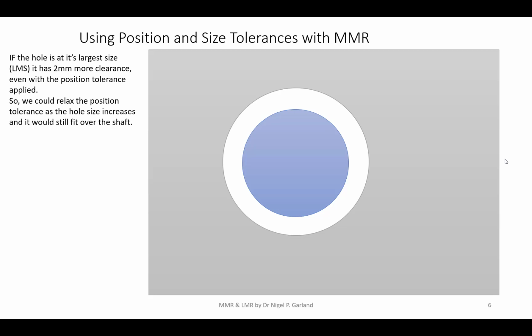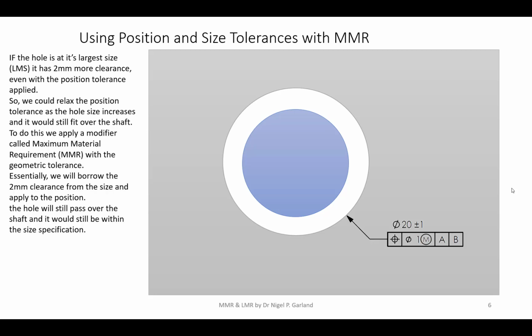So really, we could relax that position tolerance as that hole size increases, and it would still fit over the shaft. To indicate this, we need to use the maximum material requirement symbol, sometimes called circle M. Now this means that the geometric tolerance, our 1mm diameter here, only applies when we're at maximum material size, in other words when the hole is at its smallest.